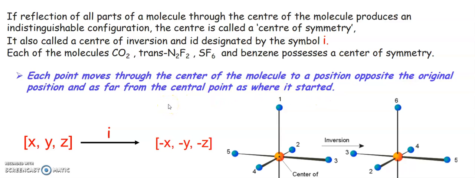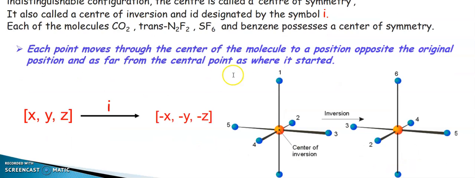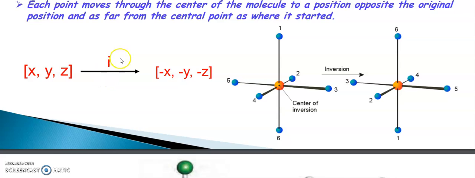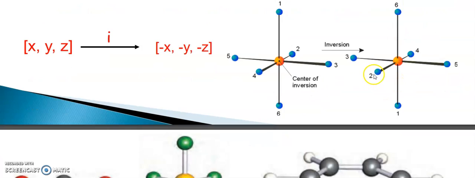Each point moves through the center of the molecule to a position opposite to the original position and as far from the central point as where it started. So you can see x, y, z becomes minus x, minus y, minus z. After inversion you will get all these values in negatives. Here you can see this is opposite, this is opposite, this is opposite, center of inversion. After inversion you will get this.